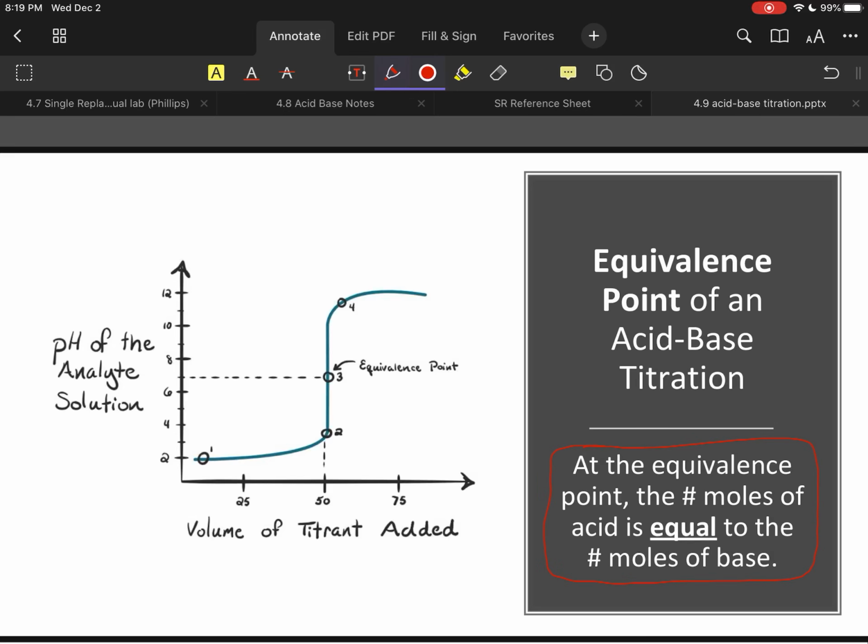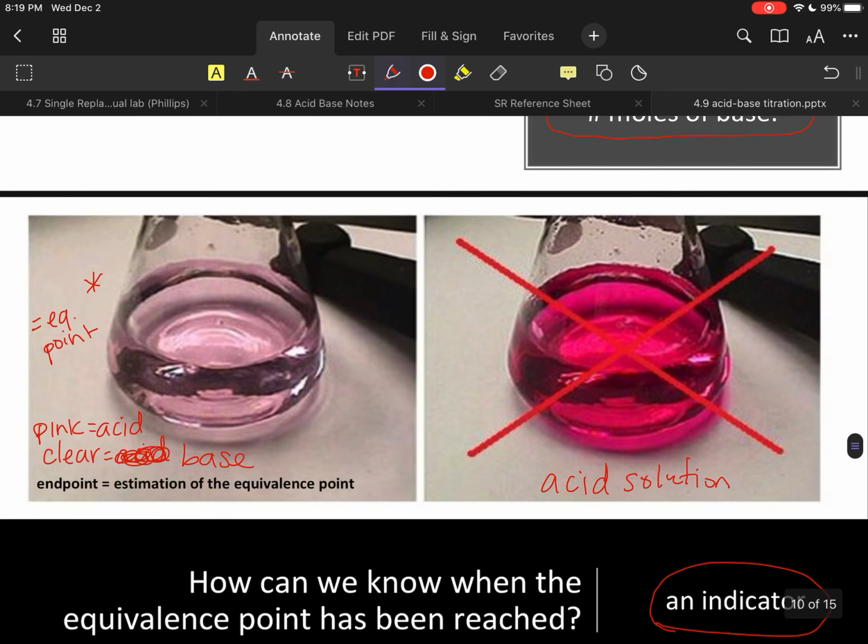So I want to wait till I get just a flash of light pink. You'll start with little flashes, and then once it stays that very, very light pink, that's when you know you're done and you've reached the equivalence point.